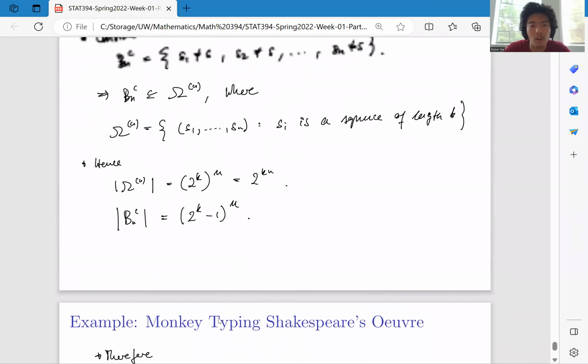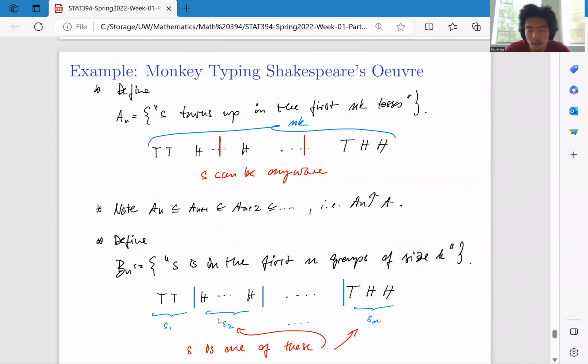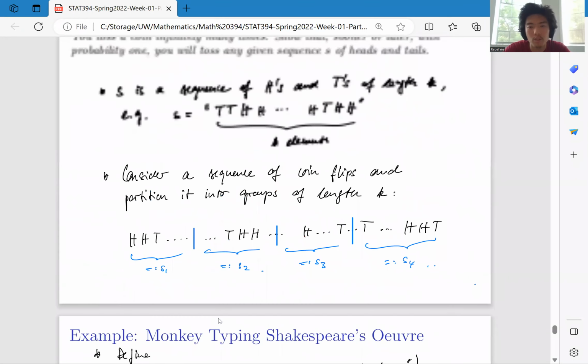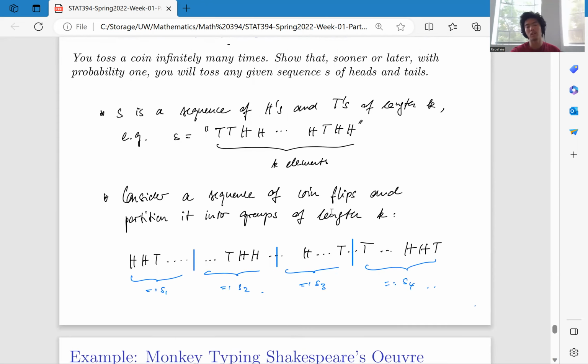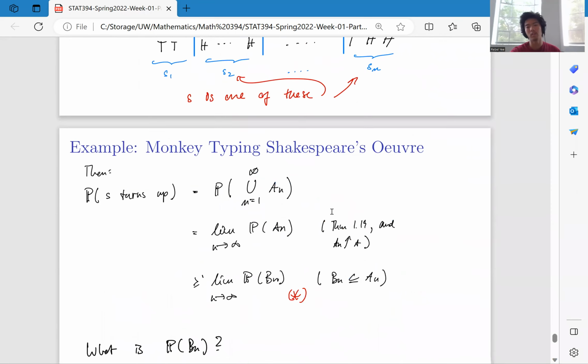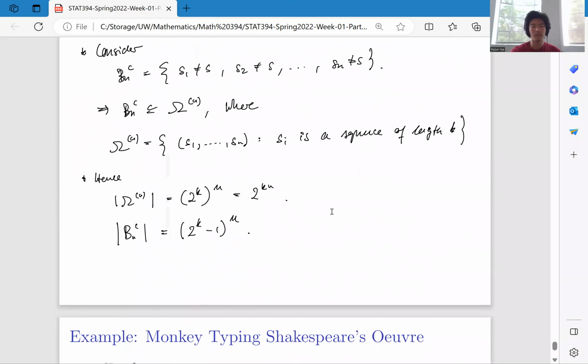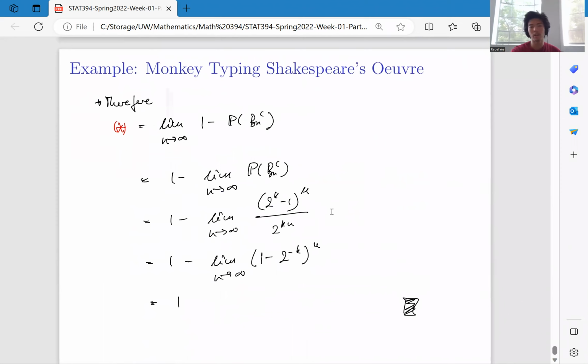Okay, so the proof is done, and you get property 1: you will actually get a sequence of tails and heads when you have infinite time to compute that. This example is really advanced for what we have already learned right now. So if you don't totally understand that, it's okay.